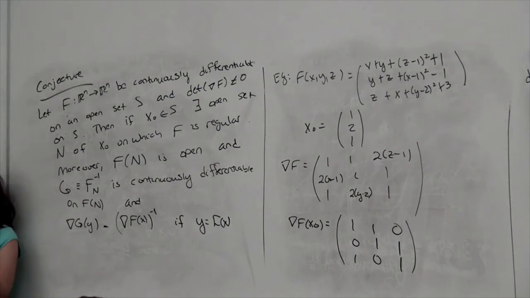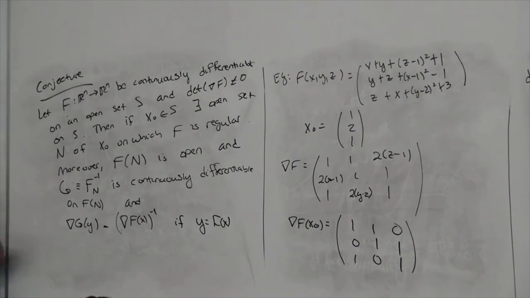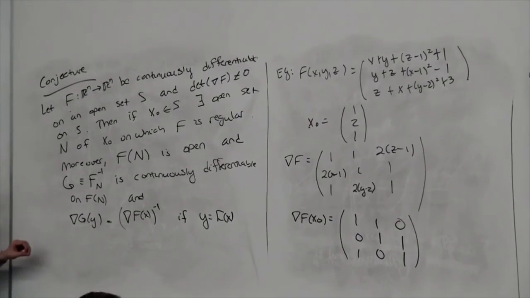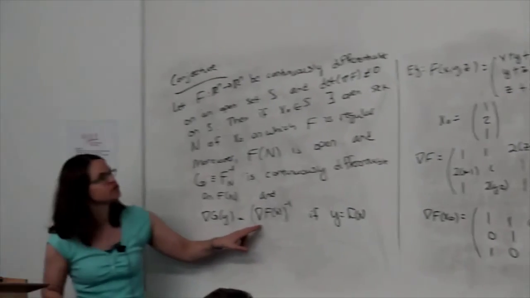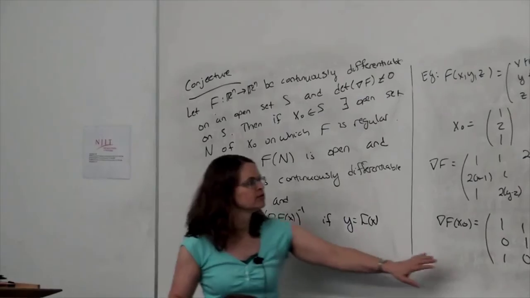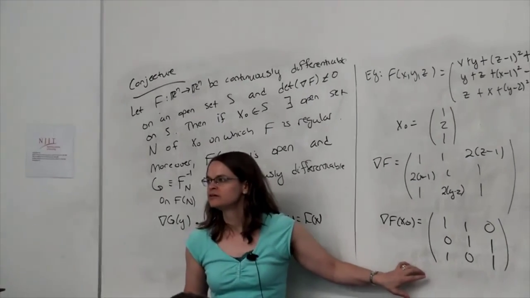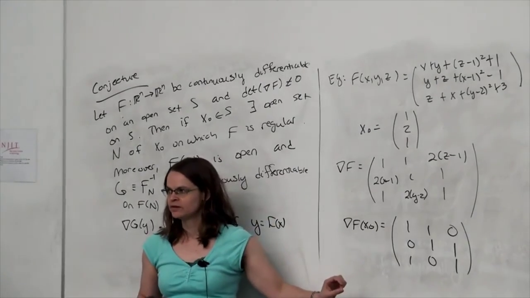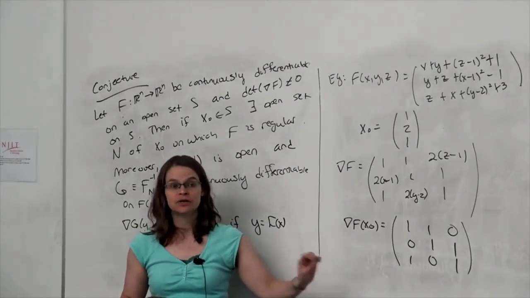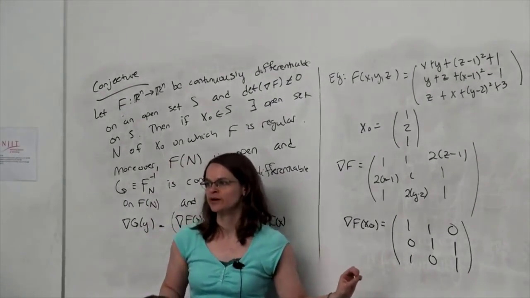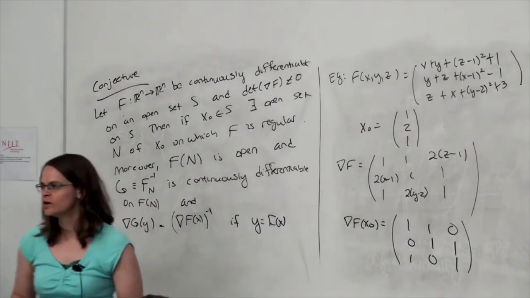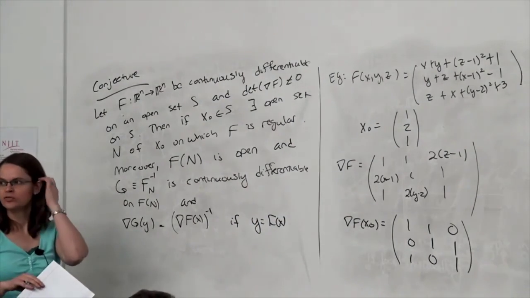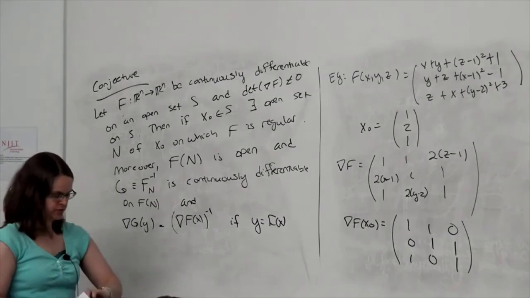In general, we're not going to compute G exactly, or its Jacobian exactly, but I can do it at my one reference point, because all I have to do is take this matrix, which I've already computed, and invert it. That will be precisely the Jacobian of my G at my reference point. So I have everything I need to write down a linearization of G about this point, and to estimate my local inverse function.